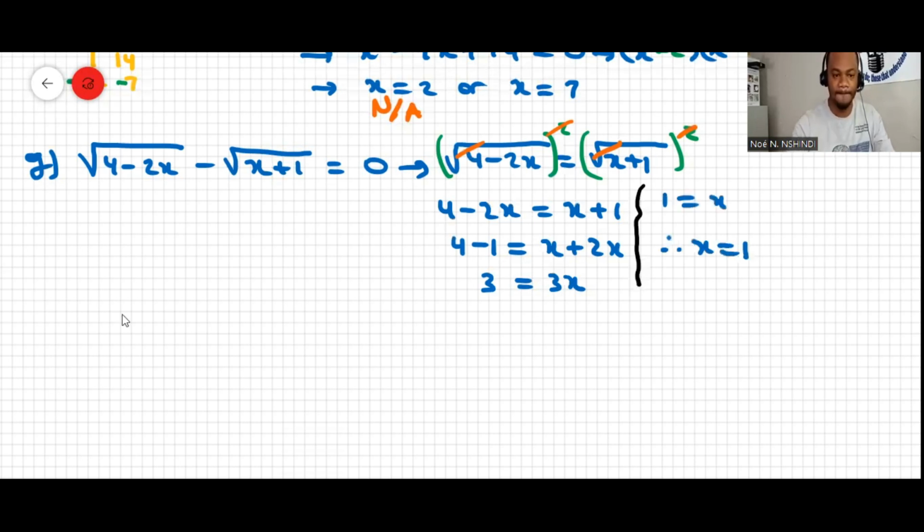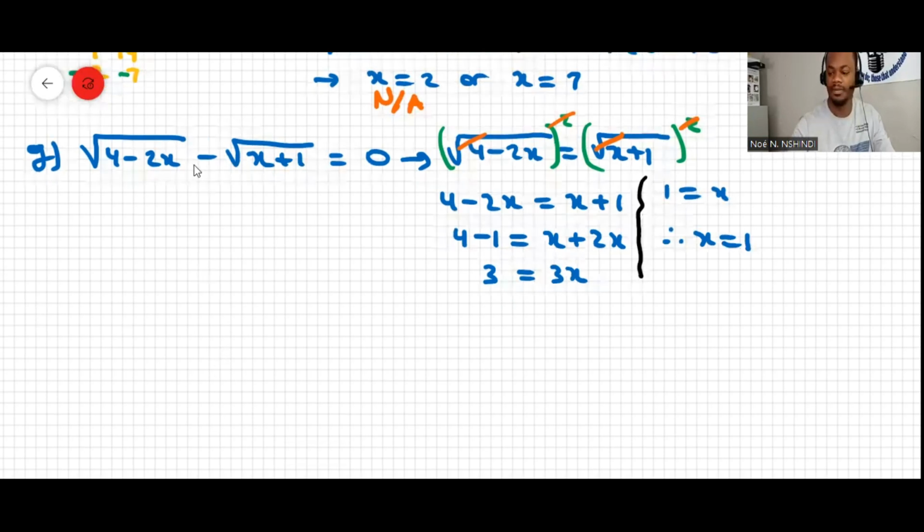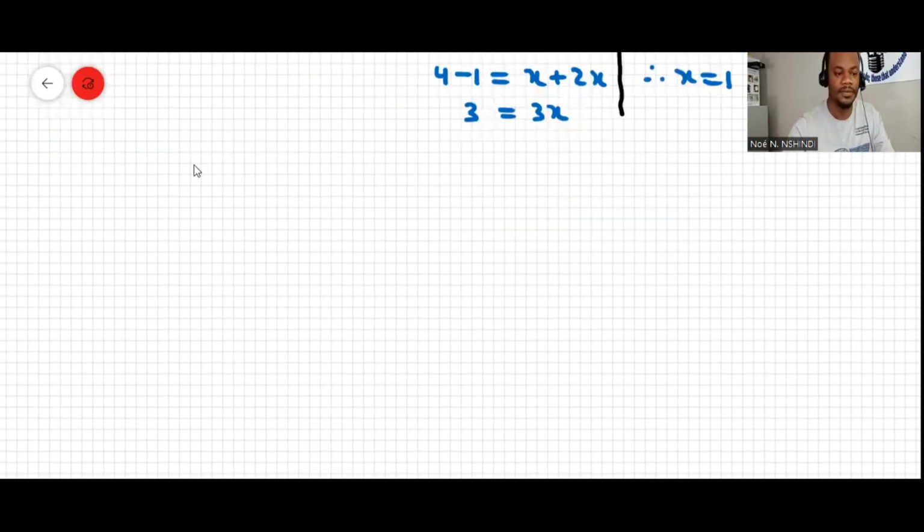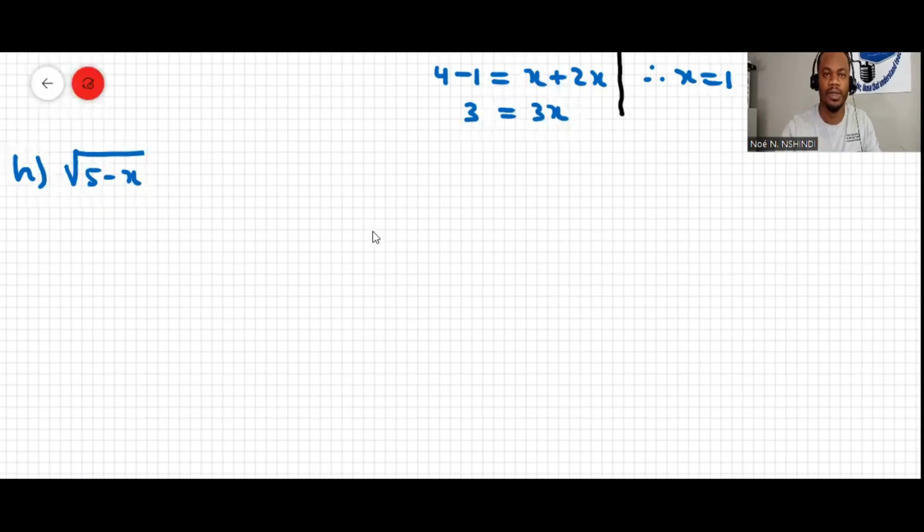That was G. And then H. The question is the square root of 5 minus x plus 1 plus x equal to 0.